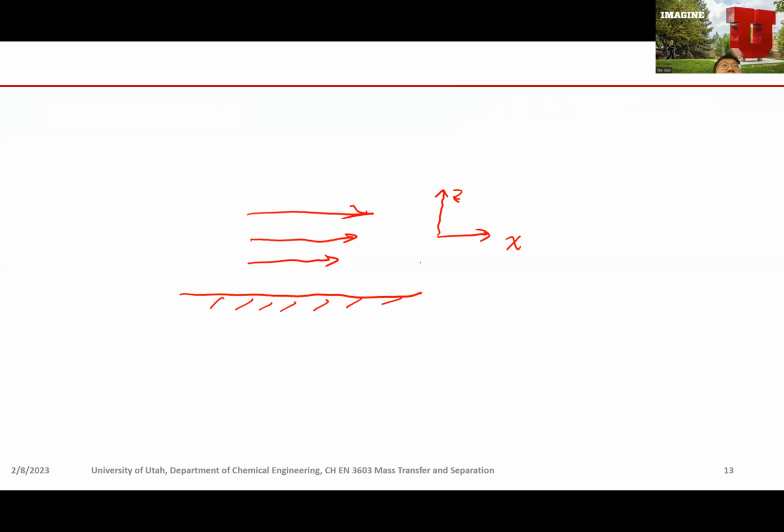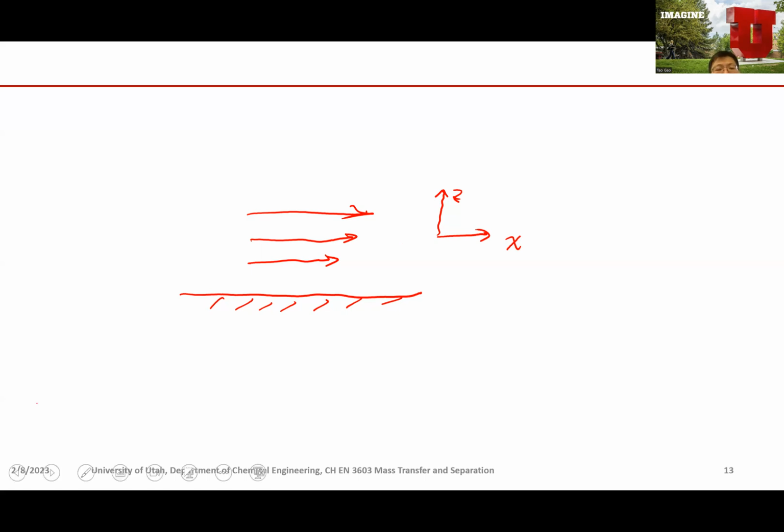But in the direction that's perpendicular to the solid surface, which is the z direction, depending on if you have a concentration gradient or if you have eddies, you could have molecular diffusion and eddy diffusion or both, right? Then we can use the mass transfer coefficient to compute the mass flux in the z direction.